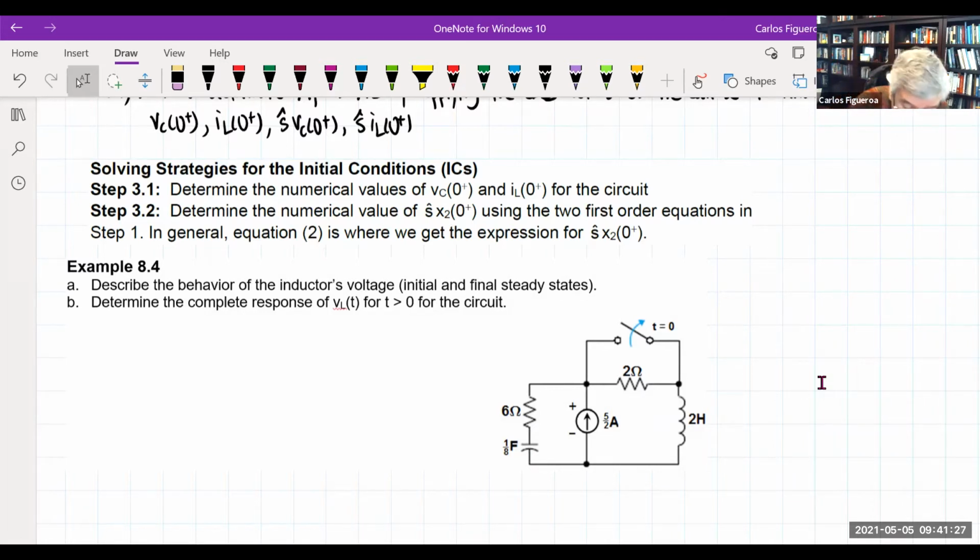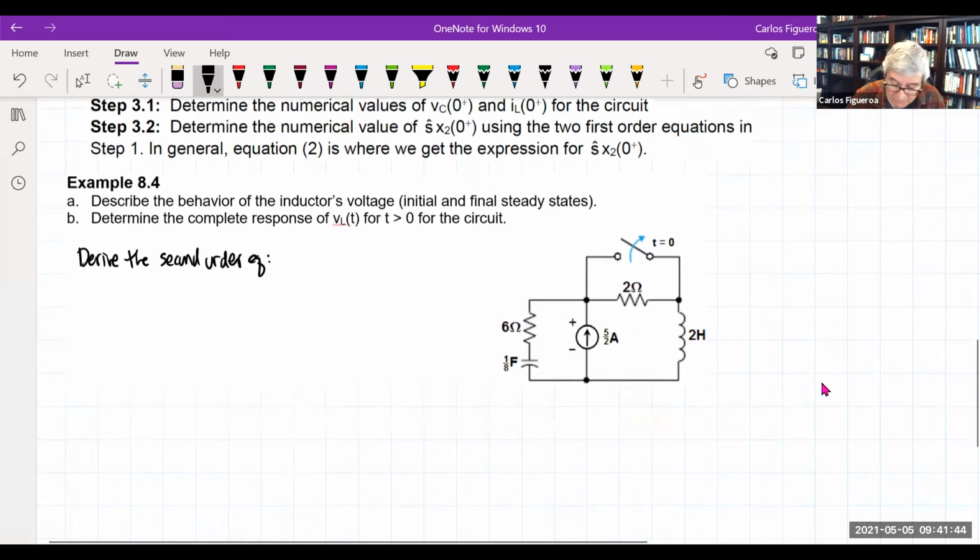So what I'm going to do here is derive the second order equation. That's step one. So here I go. When I'm looking at this, what am I seeing here? Well, I could see that I have the cap.